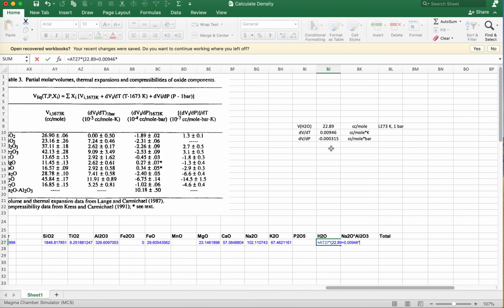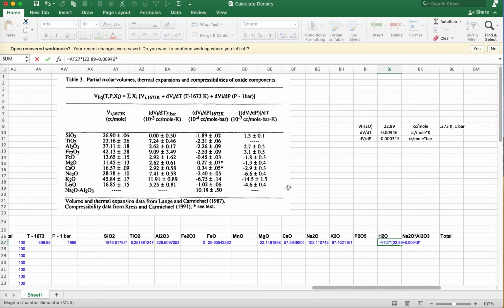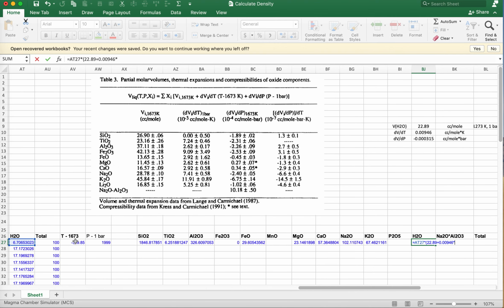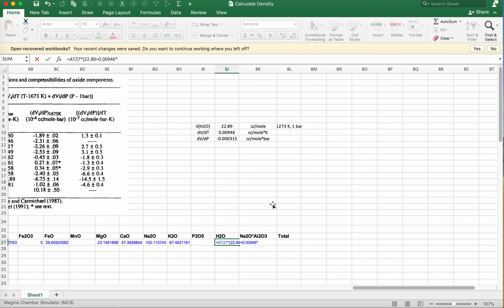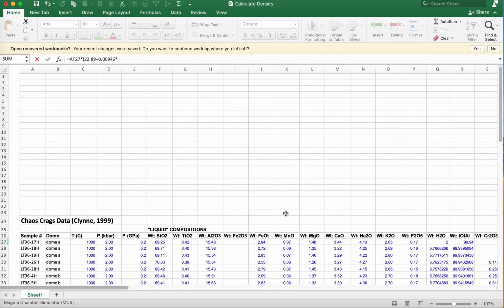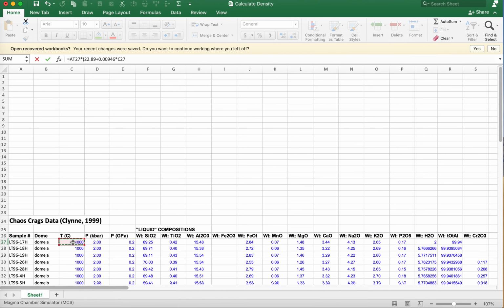0.00946. We're going to multiply that not by this difference in temperature here, because it's not minus 1673, but it's the temperature minus 1273. So we'll take this temperature, add to that 273.15 to make it Kelvin, and then subtract 1273.15 because that's our reference temperature.